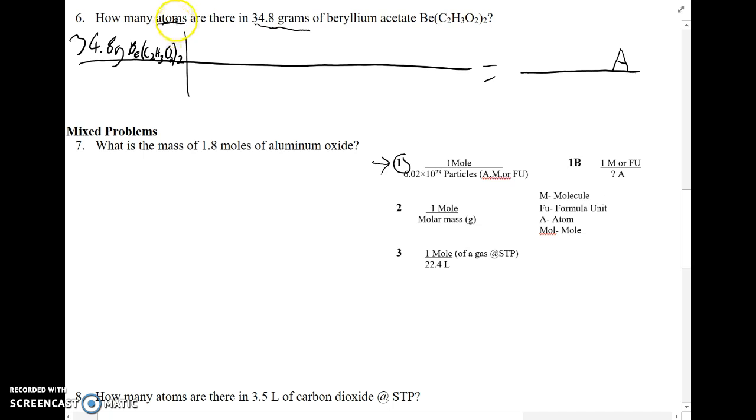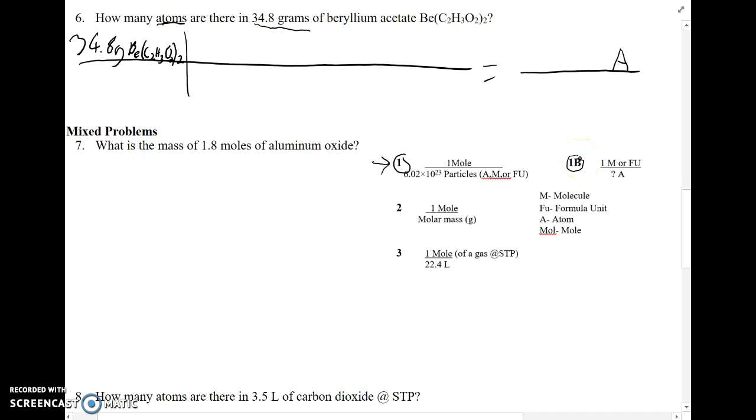This question is asking me for atoms. I am working with beryllium acetate, which is a formula unit. It's an ionic compound. Anytime I have atoms and formula units, or atoms and molecules, then I also need the 1B conversion factor. So in this case, I need the number 1 conversion factor and the 1B conversion factor.